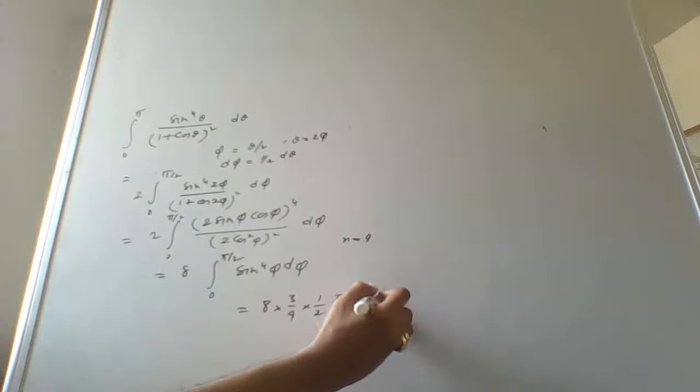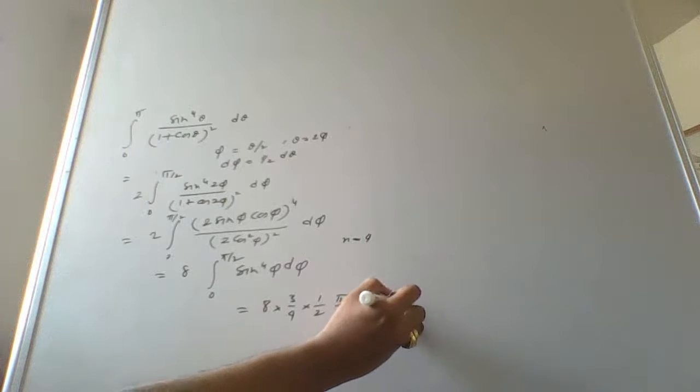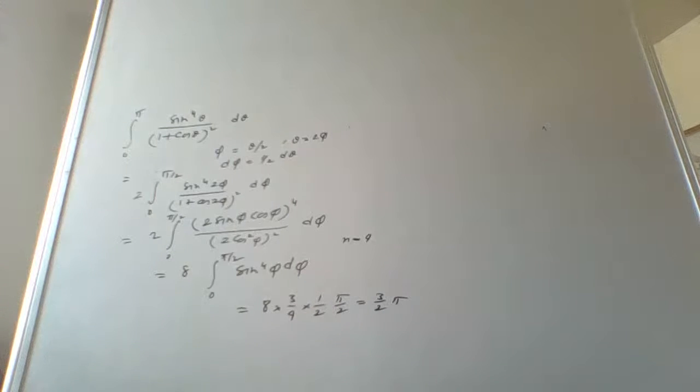So this results to 3 by 2 pi. So that is the solution for this. I hope you understood this problem. Let me move on to the next problem and try to solve that also.